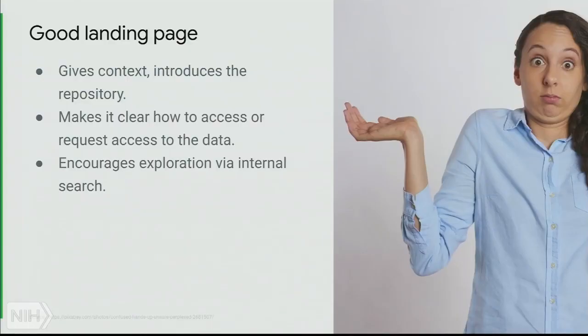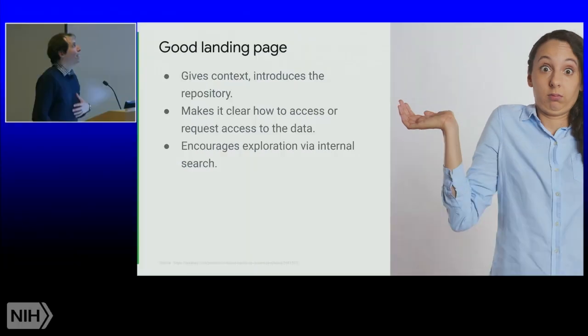So it's worthwhile investing in that landing page, so it would give people more context. I would introduce the repository. Also, very important, not always obvious, make it very clear how to access the data, and if there is some procedure to gain access, what is that procedure, how people need to move forward.